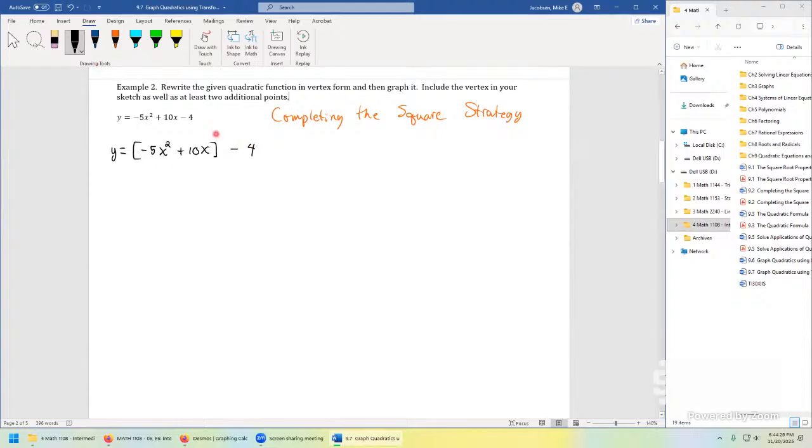So first associate the first 2 terms, and among those first 2 terms, pull out the greatest common factor. Whatever is here, multiplying x squared, we want to factor it out, meaning making the leading coefficient 1. So -5 factors out, leaving behind x squared minus 2x. Then leave it a good amount of space, close the bracket, and go -4.